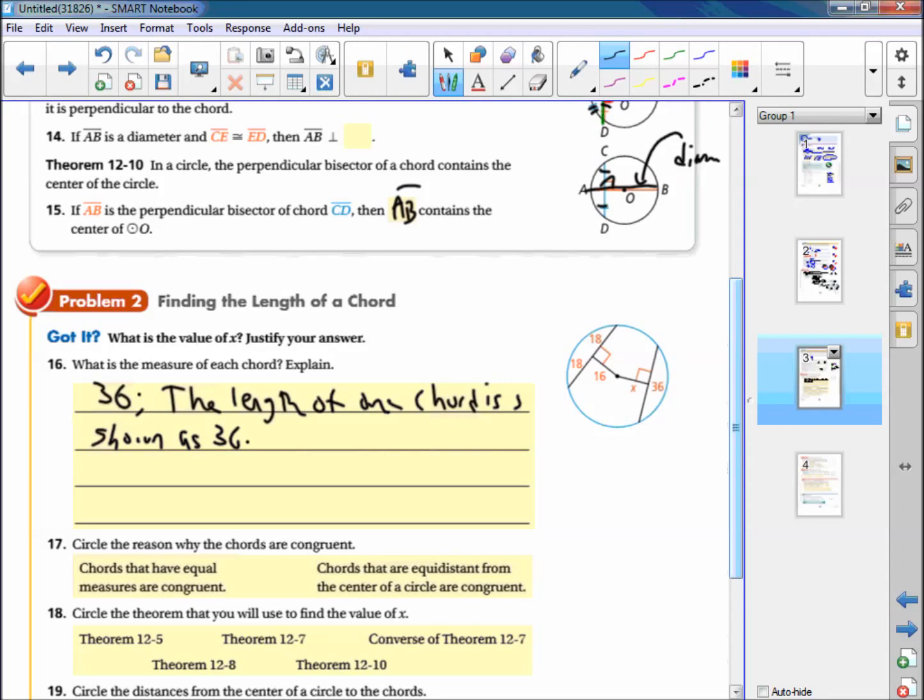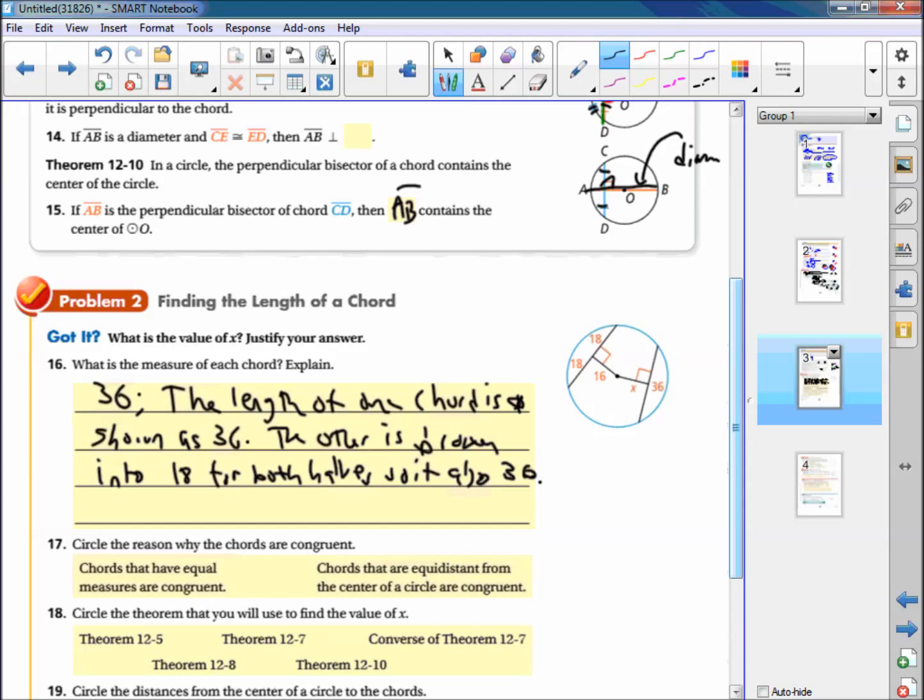And the other has 18 for 2 segments. It's broken into 18 for both halves, so it is also 36.